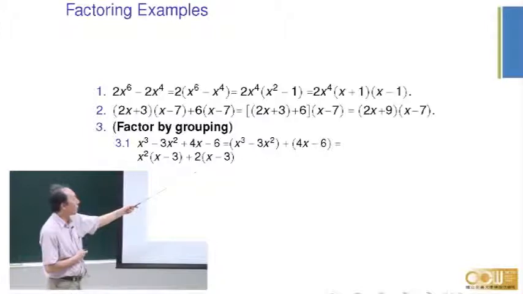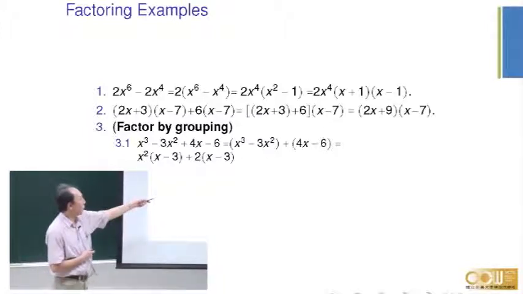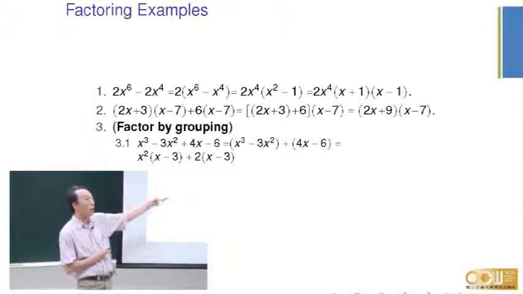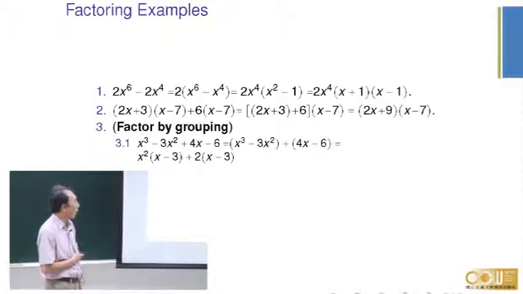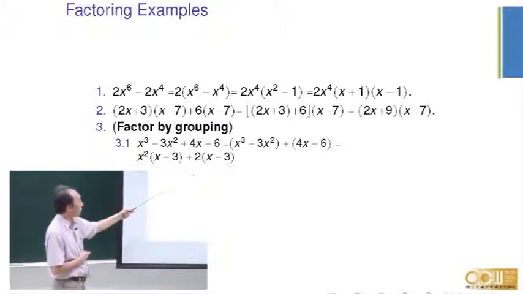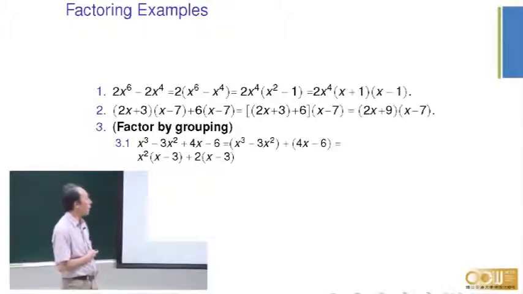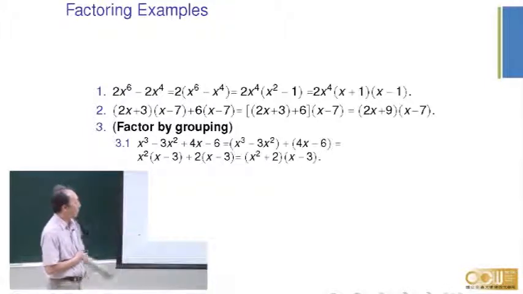Now observe that these two terms have the same factor x minus 3, so we can apply the reverse distributive property to take out their common factor x minus 3. The first term has x squared left, and the second term has 2 left, which becomes this.